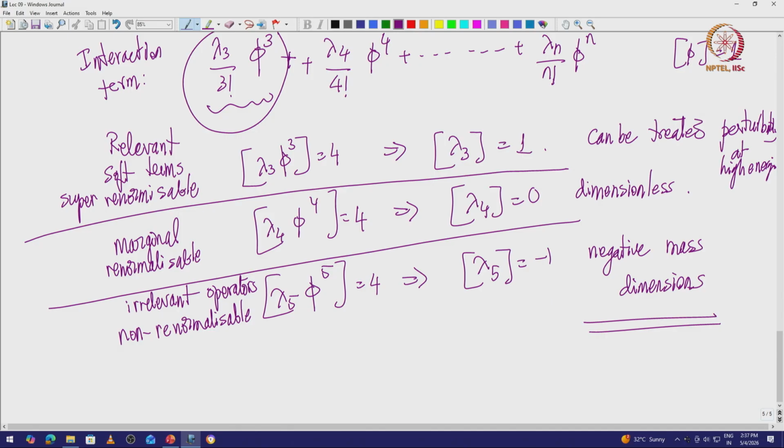Now the point is that for our purposes, we do not want to study the relevant operators which are super renormalisable in great detail, neither the irrelevant operators which will not have any physical effects at very large energies, essentially in the ultraviolet.